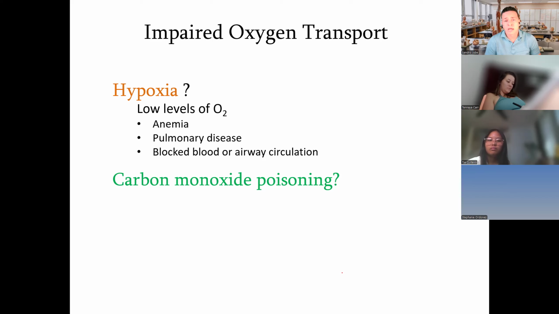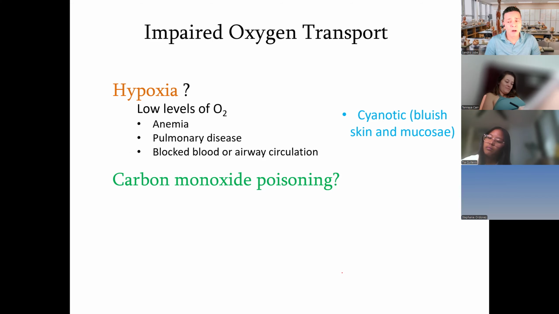Because if we have low red blood cells, we have low levels of oxygen gas. Pulmonary diseases can cause hypoxia because if you don't get enough oxygen when you're inhaling, you're not going to have enough oxygen circulating in your blood. Blocked blood or airway circulation can lead to hypoxia. So hypoxia of a tissue is anytime we have low levels of oxygen to that tissue.